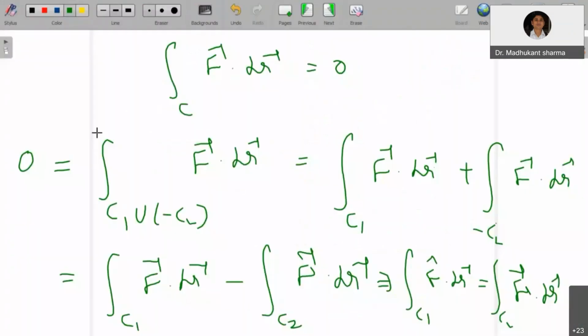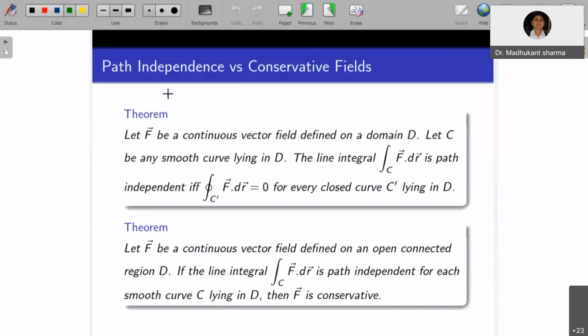Until now, the statements support the argument we have just mentioned. So, path independence versus the conservative principle.